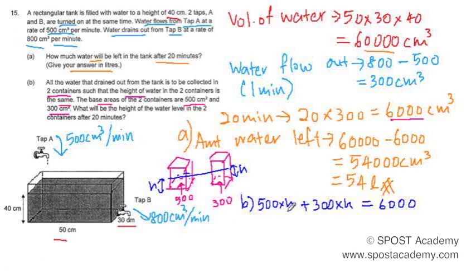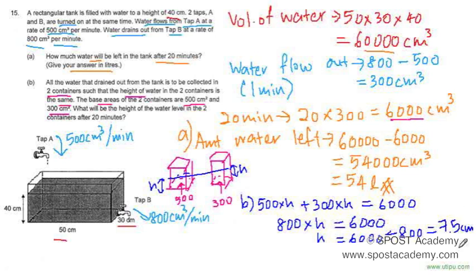If I have 500 times h plus 300 times h, I have a total of 800 times h, and their total volume must be equal to the volume of water that is being drained out. So this will be 6,000. So to find the height h, I just need to use 6,000 divided by 800. And I will get 7.5 cm, which means that the height of the water level in the two containers would be 7.5 cm.